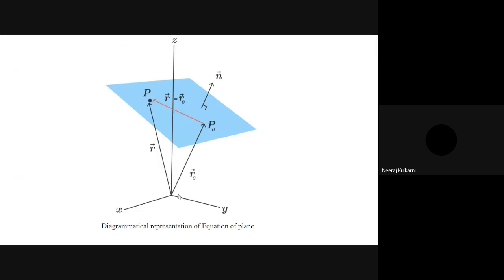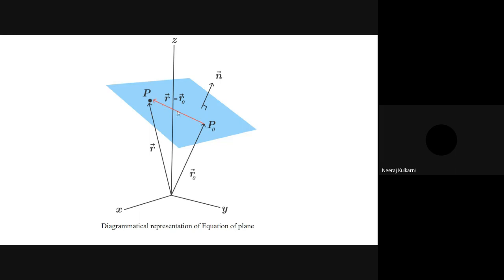So here we can see that we have the x, y, and z axes and the origin. We have points P and P naught on the plane, and the vector which represents P is r bar and P naught is r naught bar.